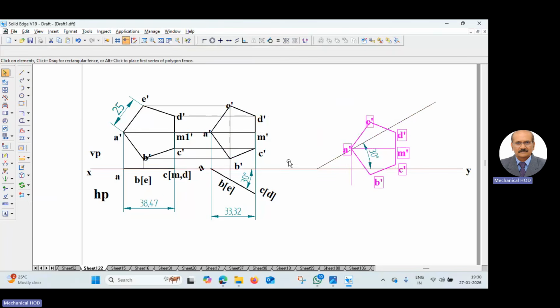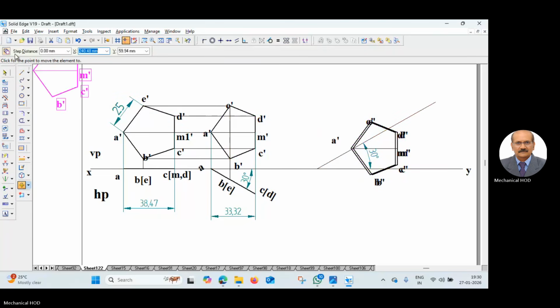I think there's a mistake here. We have kept it, but it is not kept on the line. I'll correct it now. Select it, move, select this tip and keep it on the line and switch on the copy.